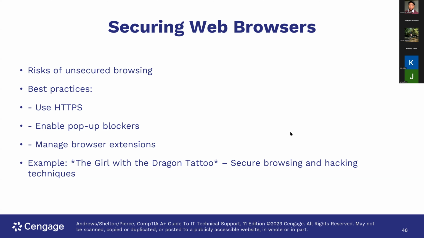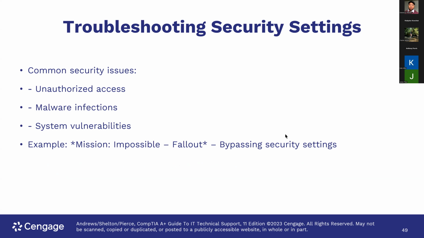All right, I have another one. The Mission Impossible bypassing security settings. We talked a little bit about common security issues, things that are vulnerable, not updated, malware infections and whatnot.